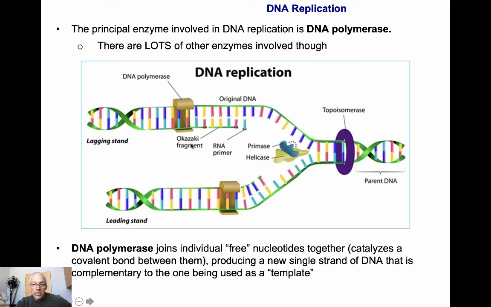And DNA polymerase enzymes are on both of those original parent strands, building the new complementary strands. And here we see on the ends of each of those new strands, double-stranded DNA that would be identical to the original parent DNA that we started with.